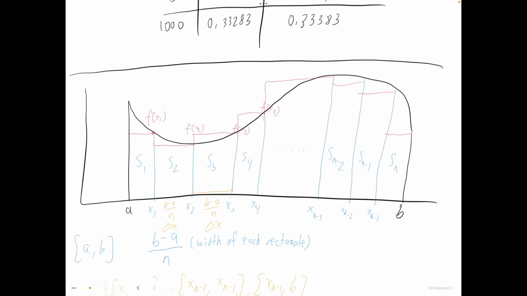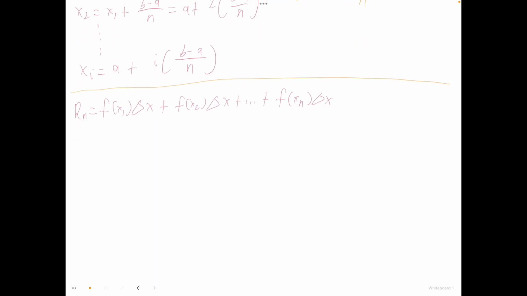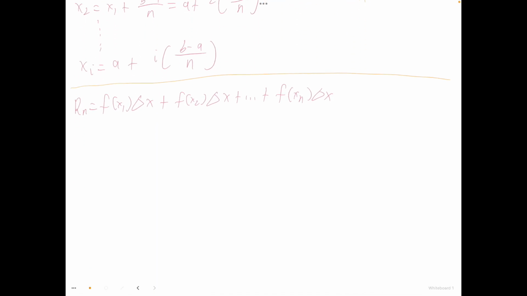And so we could take the left-hand side and use that to form our rectangles, which the picture gets kind of crowded, so we're drawing them both. But we could use the left-hand side. And now if we use the left-hand side, we start with f of a, which is x0.